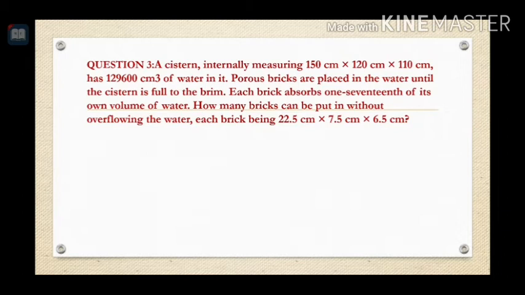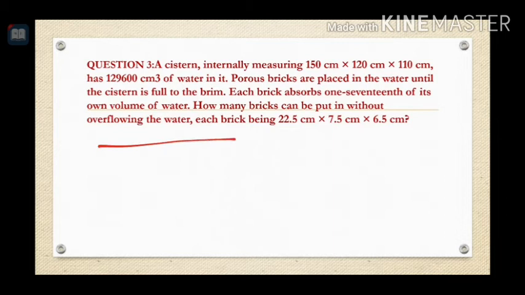Porous bricks are placed in the water until the piston is full to the brim. Each brick absorbs 1/7 of its own volume of water. How many bricks can be put in without overflowing the water? Each brick being 22.5 into 7.5 into 6.5 centimeter in dimension.